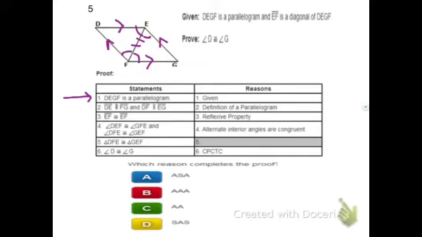So why are the triangles congruent? Well, it would help if you would label the marks that you put on there. This mark right here is an angle mark. This mark here is a side. And this mark right here is an angle. Therefore, the side's in the middle, so it would be answer choice A, angle, side, angle.